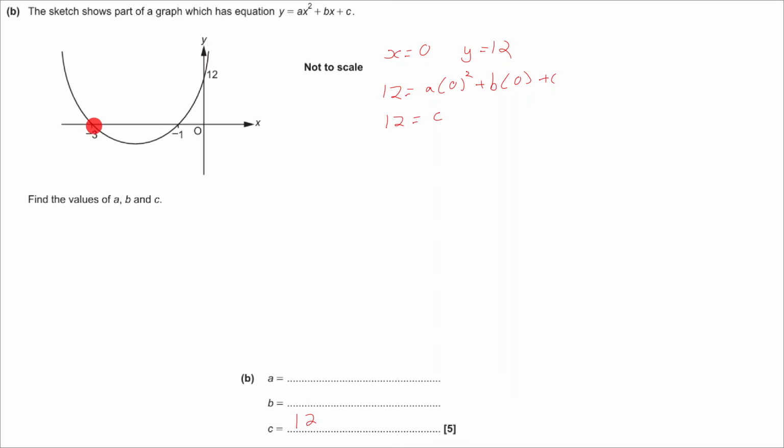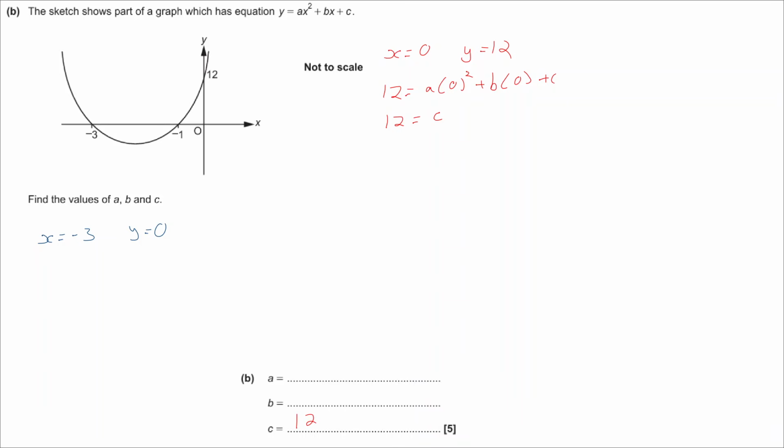Now for these ones here, when y is 0, because it's on the x-axis, you've got x being -3 and x being -1. So if we look at -3 first of all, you can say when x is equal to -3, the y coordinate is 0. You can put it into your equation up here, and you now know that c equals 12.